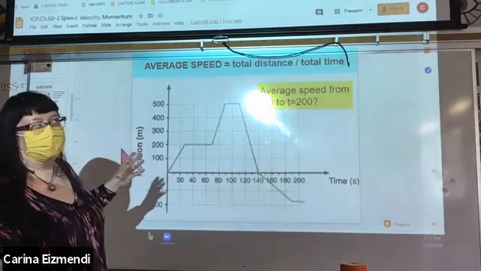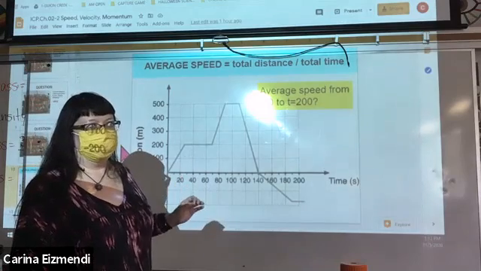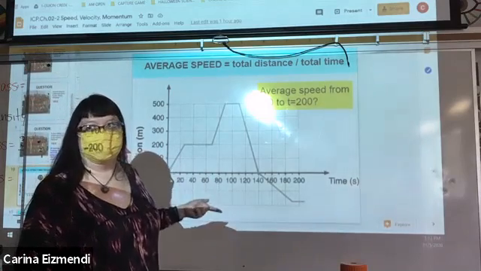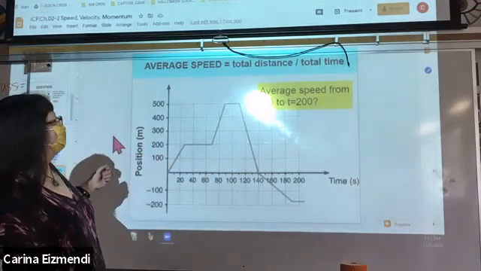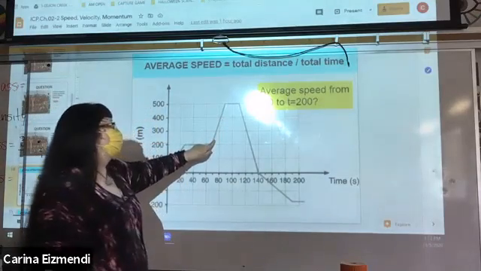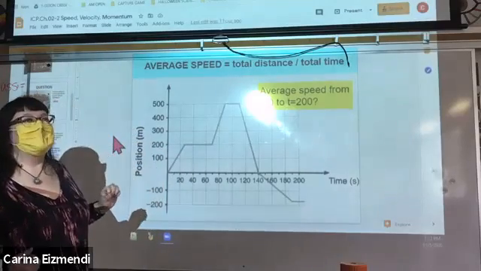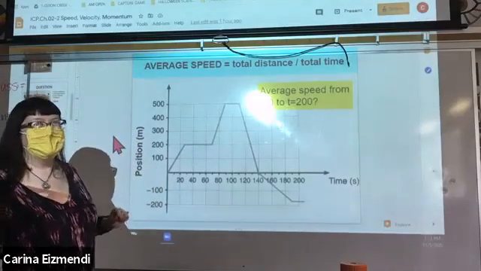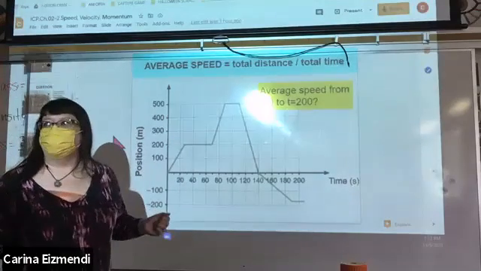I'm going to talk about average speed and velocity at the same time, because we just talked about how to do velocity, how to do speed. But if you're doing average, because speed will be the slope of any segment of there. But what if you wanted to get average speed? Okay, so average speed is the total distance over the total time.